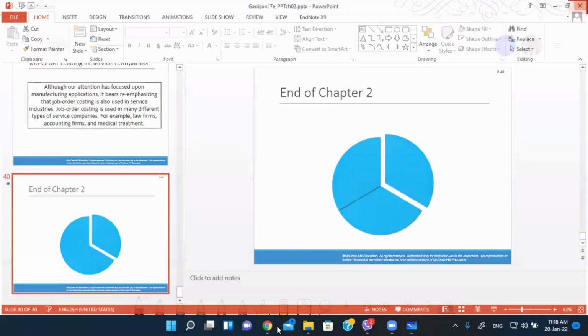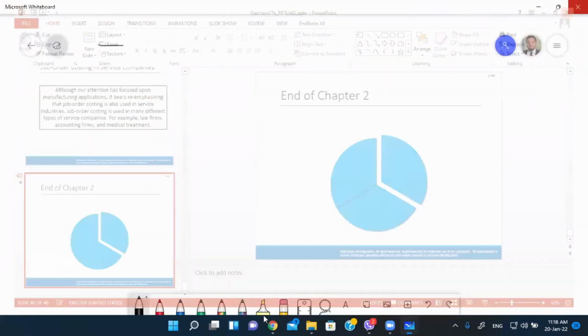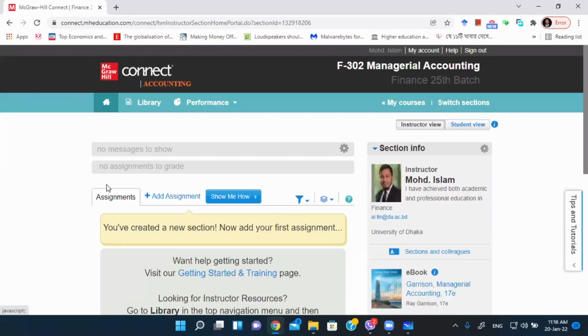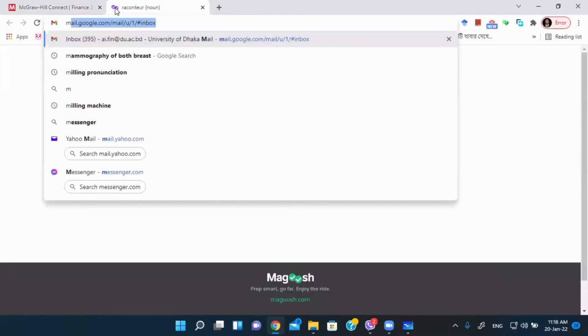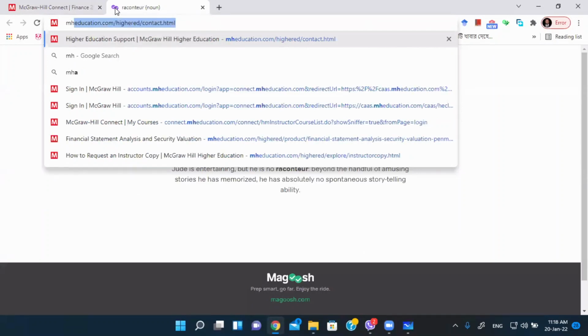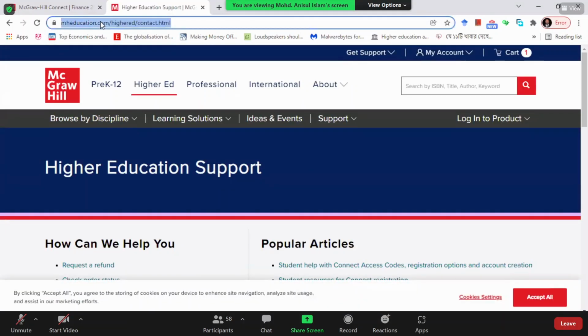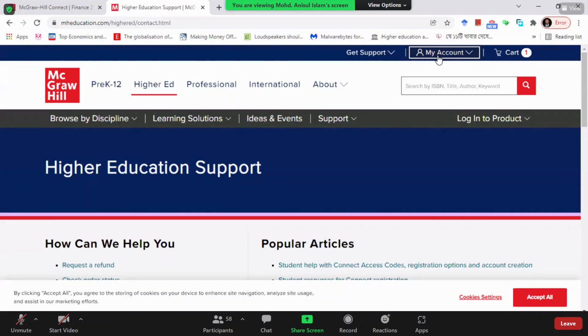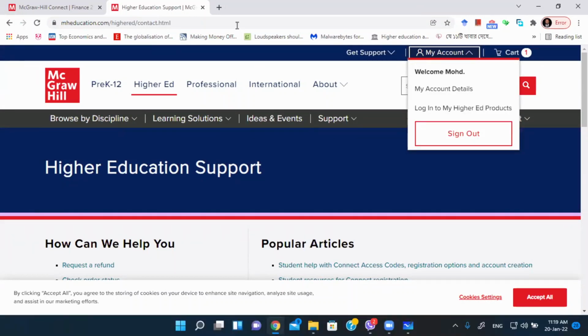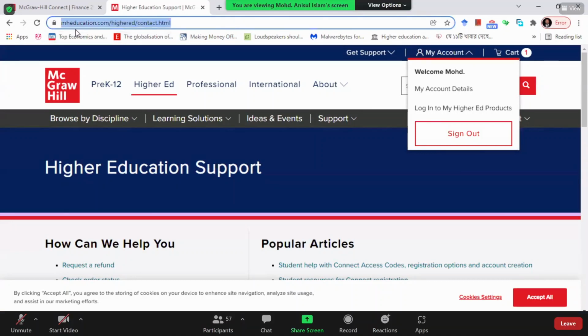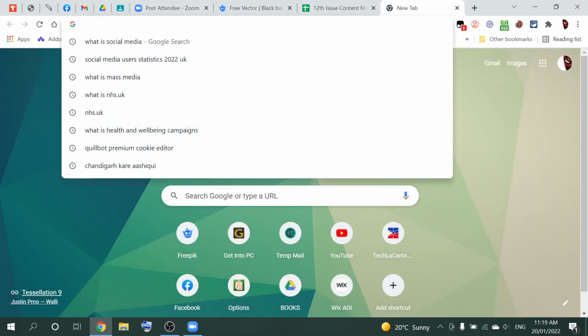But before that, you see my browser. What I'm trying to emphasize is this website address: McGraw-Hill education.com, slash higher education, slash contract.html.